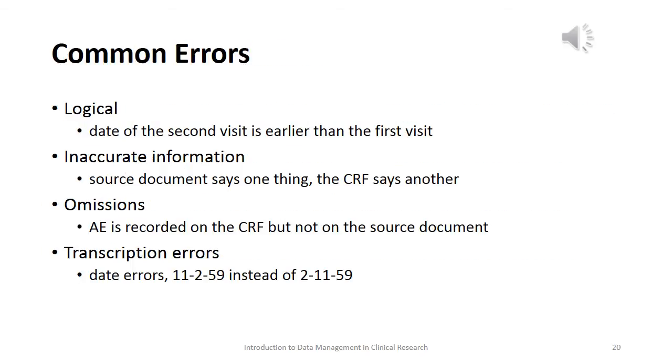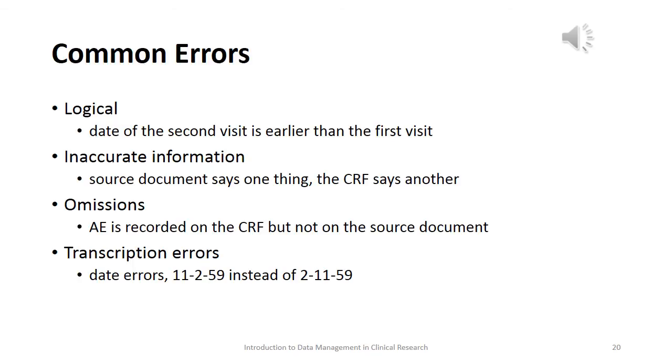So these are some common errors that we see when sites start entering data into the database. We find errors that are logical. In other words, the date of the second visit is earlier than the first visit. That couldn't possibly be correct. So there's a logic error.